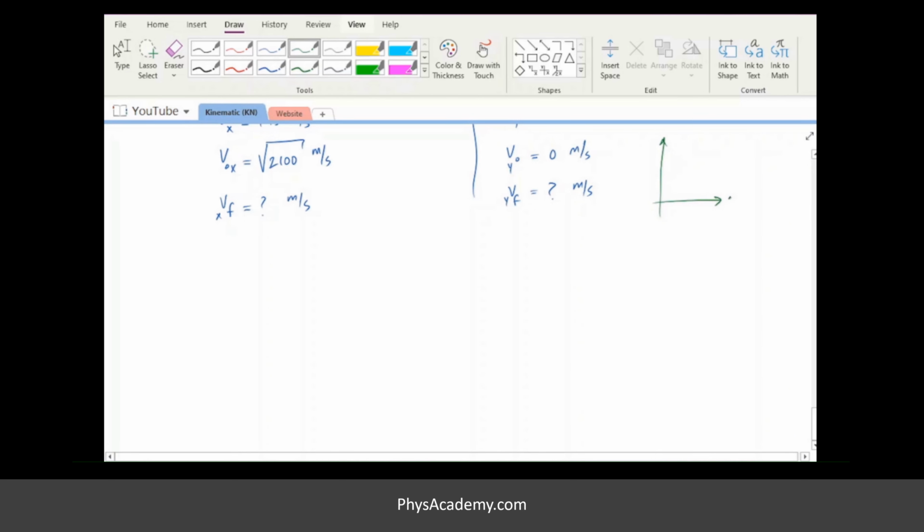Before diving into more calculations, let's look at our original coordinate system again and see what sign we expect for the impact velocity components. So according to our sketch, I'm expecting a positive value for the x component and a negative value for the y component of the impact velocity because it's downward.